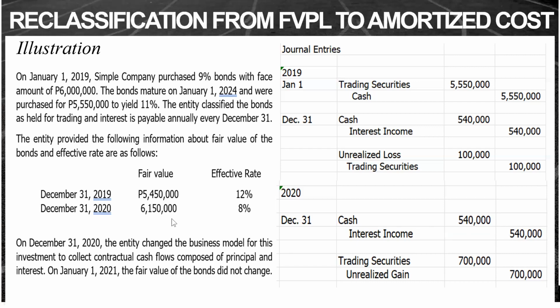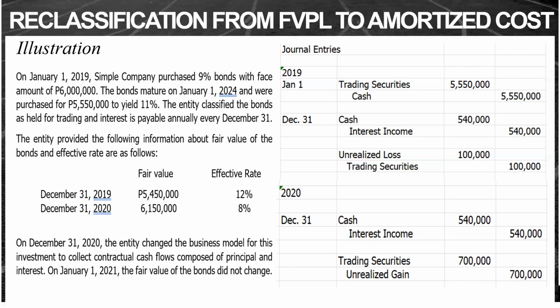So in this case, that's 6,150,000. You compare it with 5,450,000. So there is now a difference of 700,000. So nag-increase yung ating fair value, from 5,450,000 naging 6,150,000. And so, meron tayong i-report na unrealized gain.